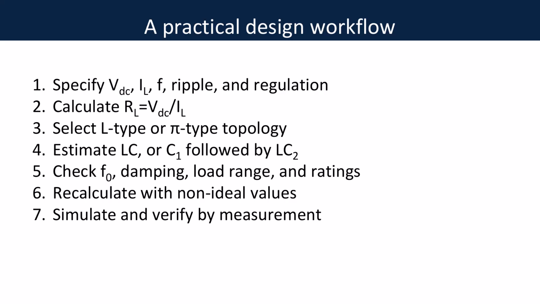Use the approximate equations to obtain initial component values. Then check resonance, damping, light load behavior, component ratings, tolerances, and losses. Recalculate with non-ideal values, select standard components, simulate the complete rectifier, and finally verify the design by safe laboratory measurement.